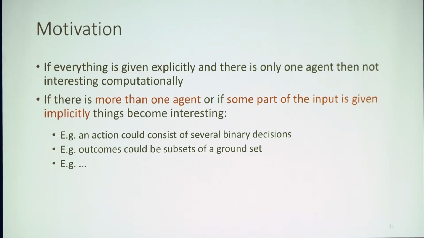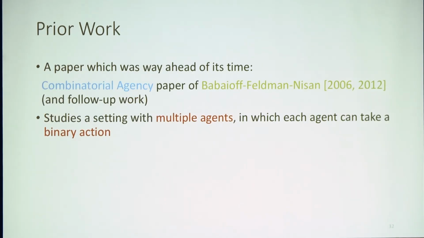Another natural model would be that outcomes are now sets, subsets of a ground set, and you want to be polynomial in that, and I think there are many others. Okay, I should mention, and some of the authors are sitting here in the audience, that this is not completely new. There's a very nice line of literature, and in particular a set of papers which was really way ahead of its time.